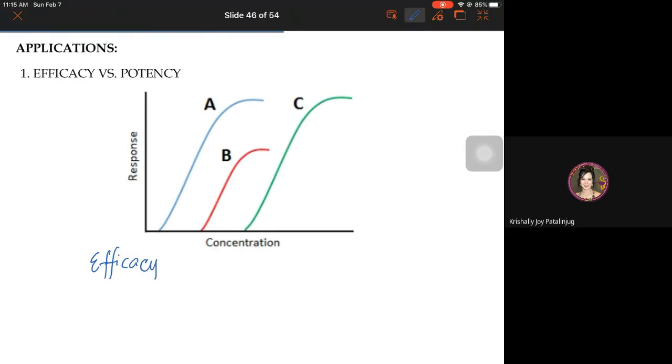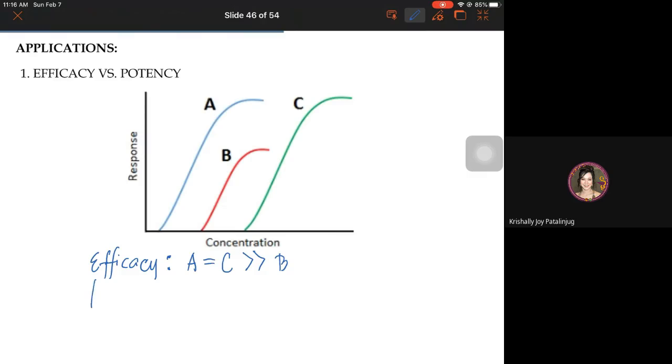How do we identify which is much more efficacious among the three? As shown in the plotted dose response curve, drug A and C are equally effective, meaning they have the same efficacy. Drug B would be the drug with the lesser efficacy among the three.